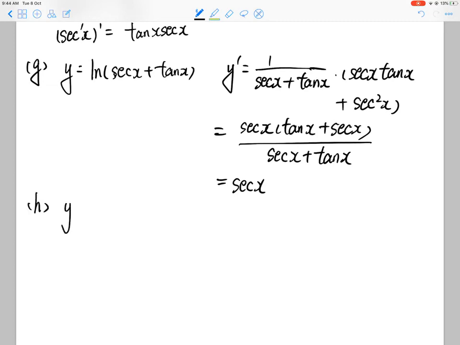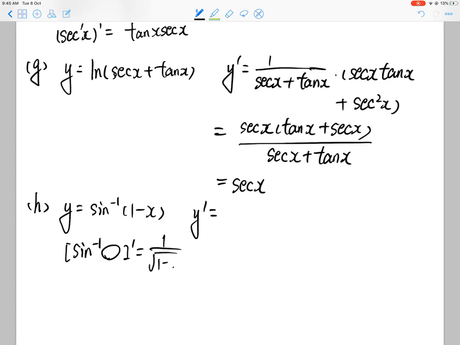Okay. Last part, h. y is sine inverse of 1 minus x. So again, first, from outside to inside, it's the derivative of sine inverse of something. What is the derivative of sine inverse of something? It is 1 over the square root of 1 minus this thing squared.